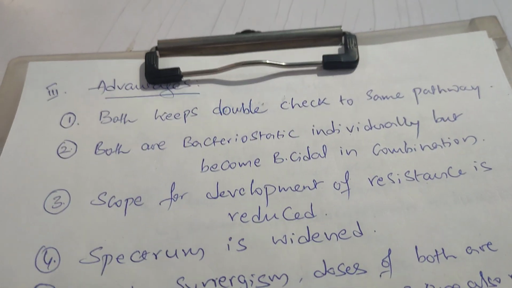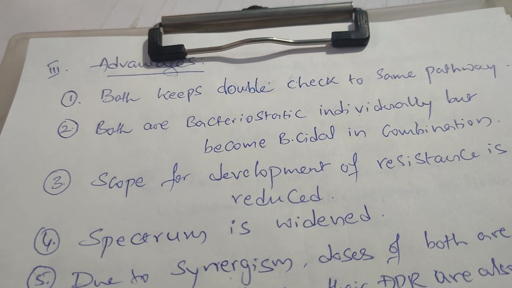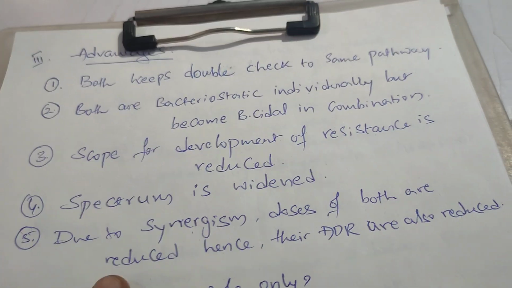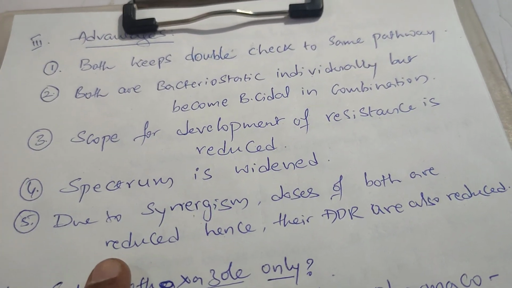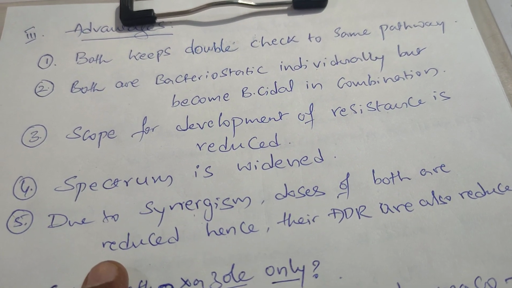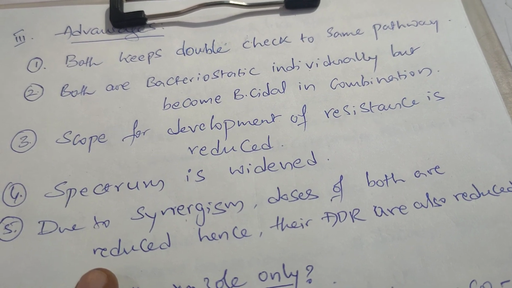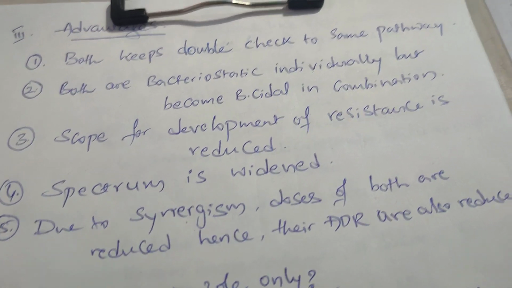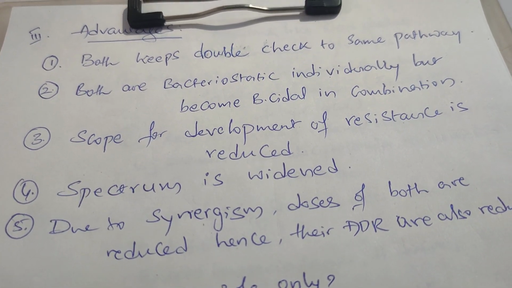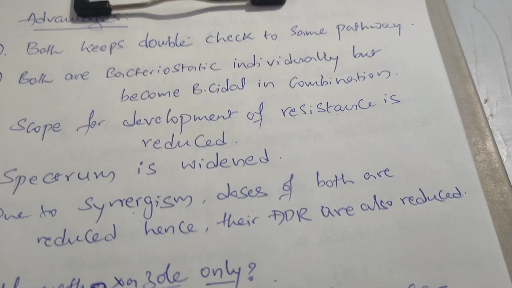Then next is spectrum. When used in combination, the spectrum is also widened. That is another advantage. Next, they work synergistically, so the doses of both individual drugs can be reduced. When their doses are reduced, their corresponding adverse effects are automatically reduced.